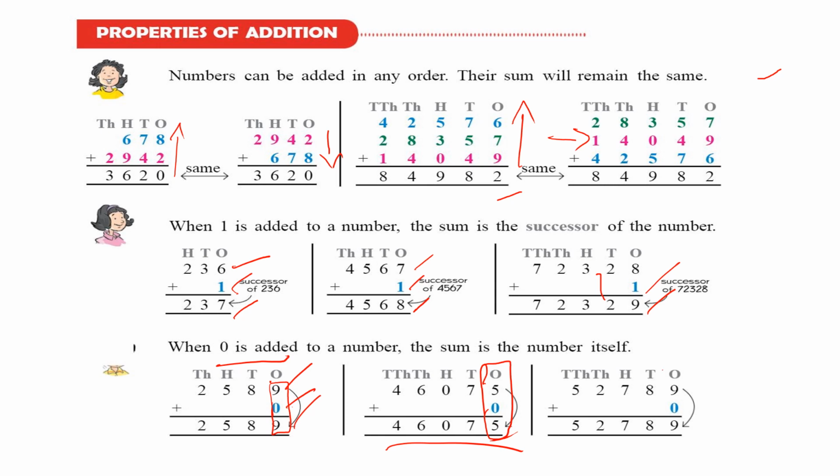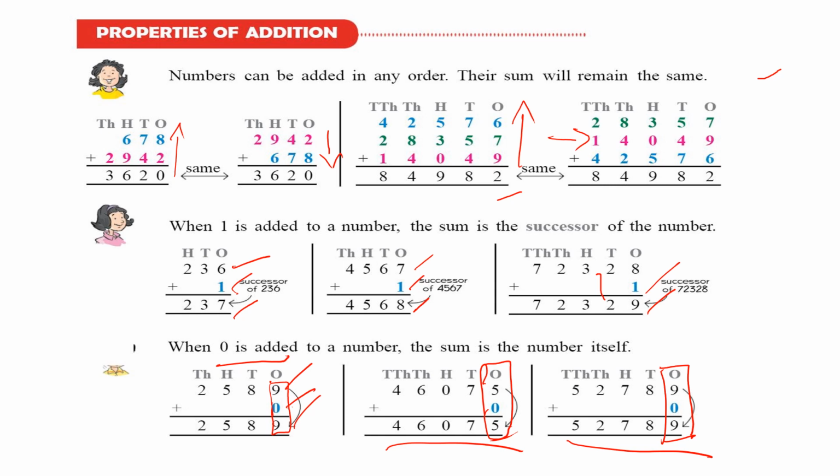When 0 is added to this number, in the ones place only we have to add 0. There is no change in the answer. We get 52,789, the same number as the answer. So that means when any number is added with 0, the sum is the same number. That is the next property of addition.